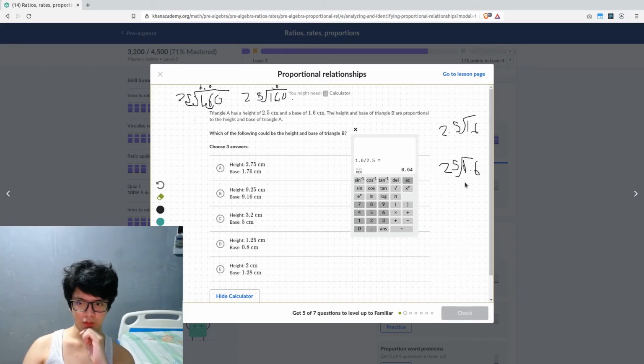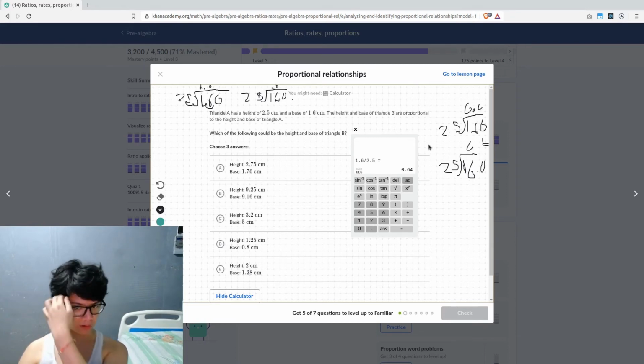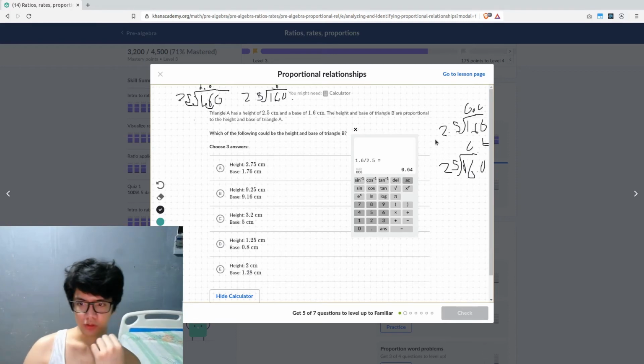Not 1.6 actually, 16. So 0, but from this perspective, it's already 0 in here, and then 1.6 already 0, so I have to do it from this far. Wow, this is actually different. Okay. Anyway, let's just move on.